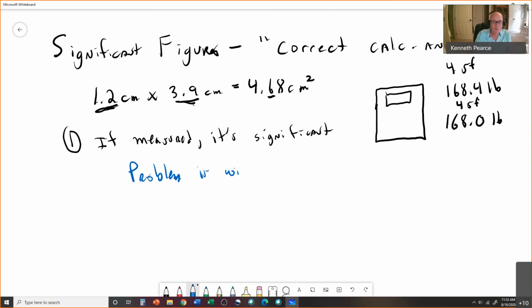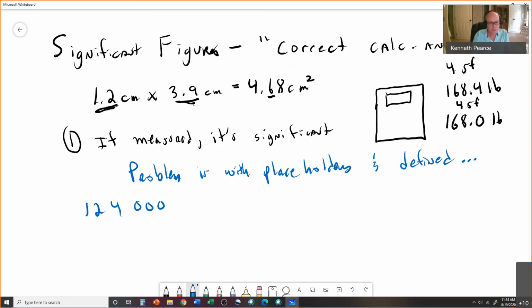Now, the problem is with placeholders. What does that mean? Let's say you have a very large number, and with whatever device you used, the best you could do, these digits were measured, and these were just placeholders, and you know that.